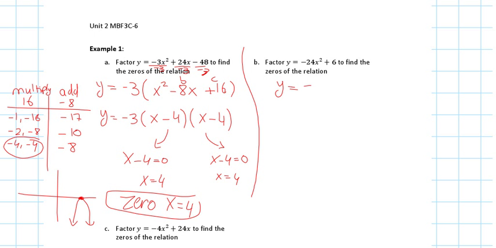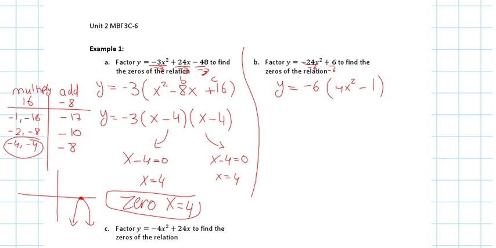In front of the A, because A cannot be negative. Whenever the first term, the one in front of the x squared, is negative, you must factor out a negative. Otherwise, you can't factor.